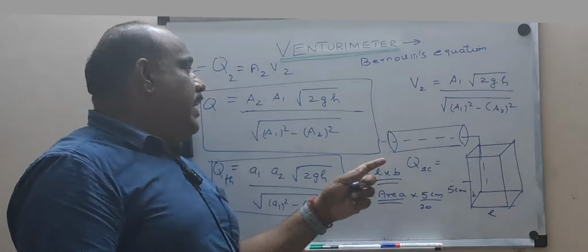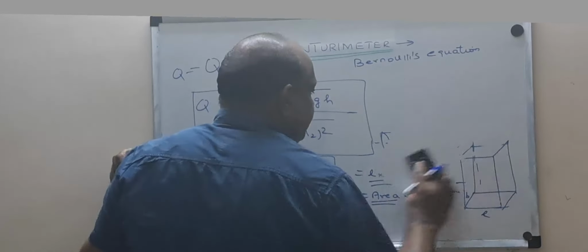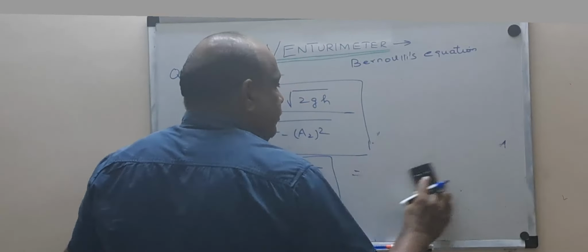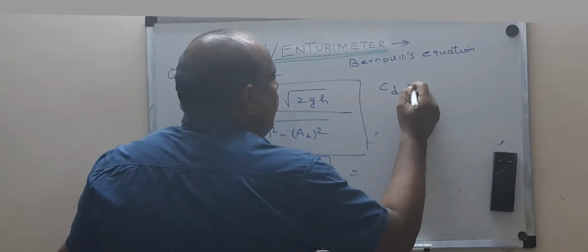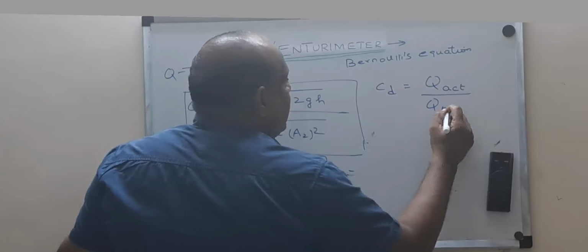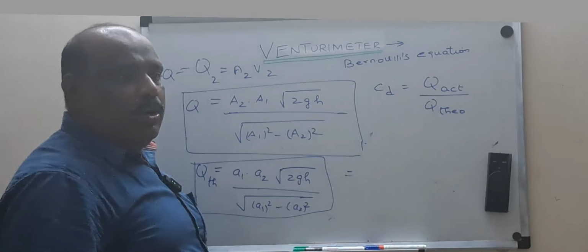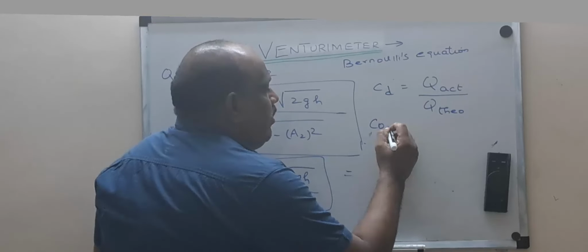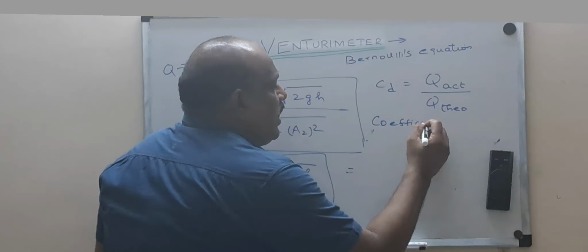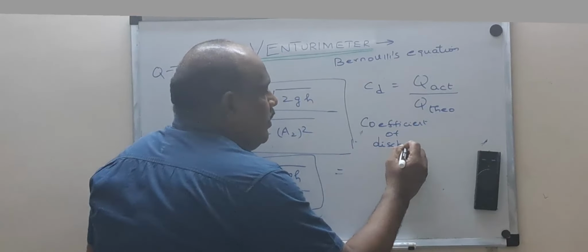So we can see that the ratio of the actual discharge to the theoretical discharge is called the coefficient of discharge. Will this value be less than 1 or more than 1?